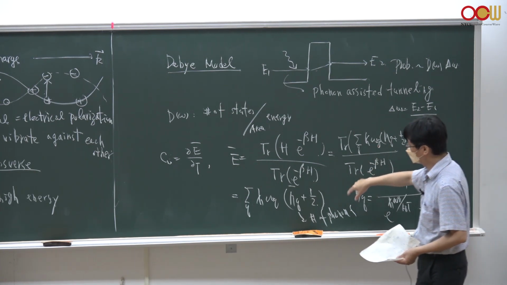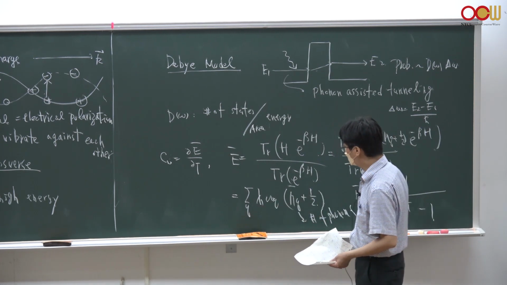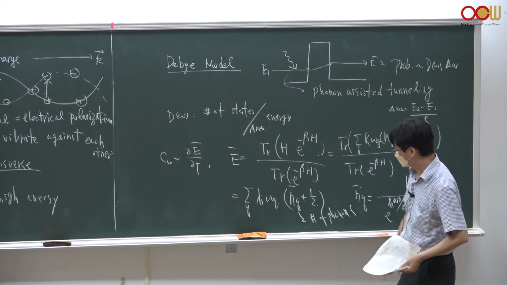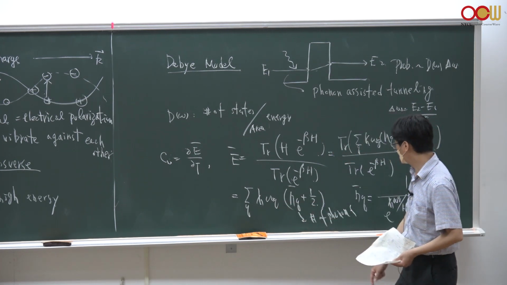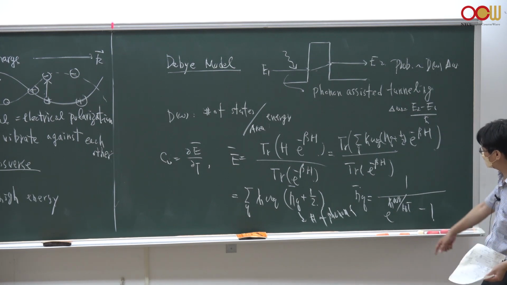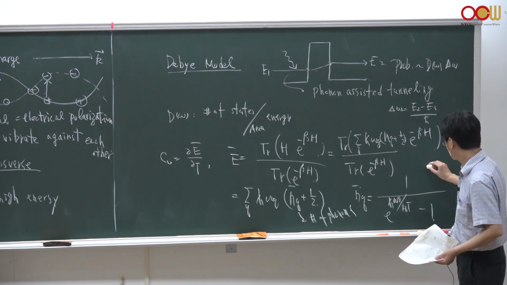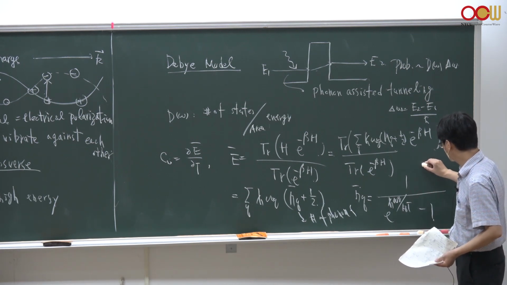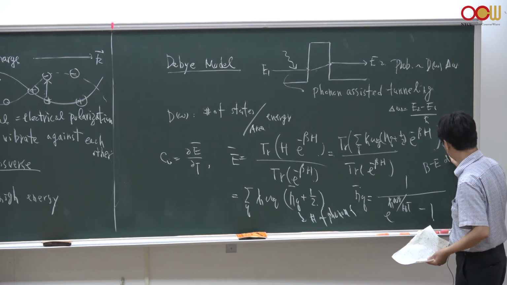And at the end of the day, this E bar is nothing but a summation over the normal mode variables times the phonon energy and the number of phonons plus 1/2, where the average phonon number satisfies Bose-Einstein distribution.